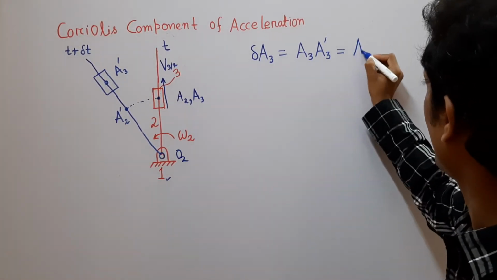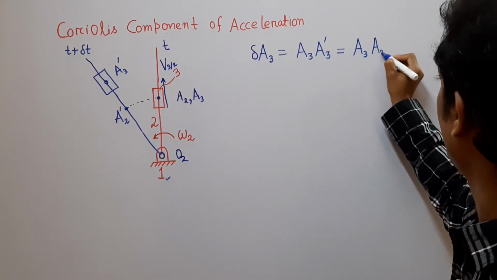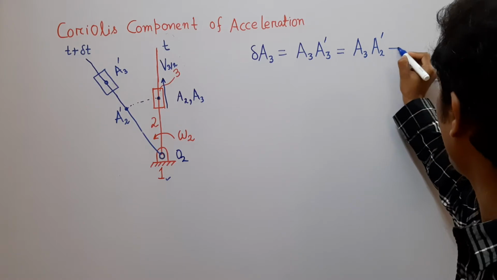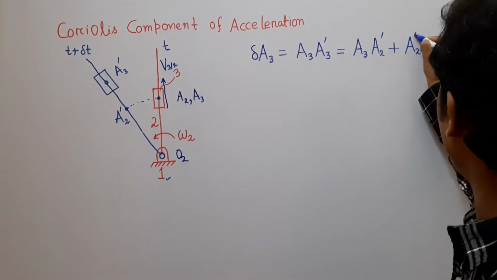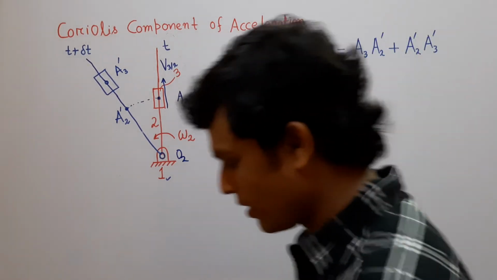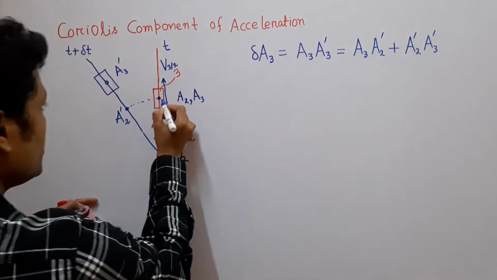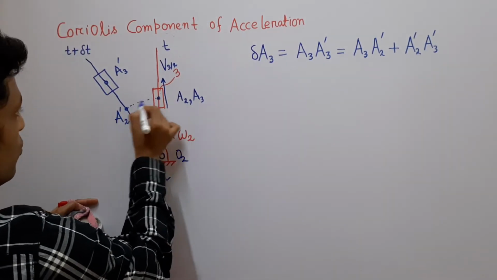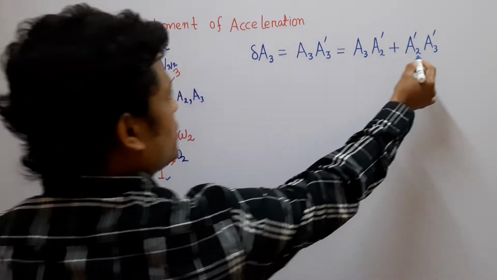That is, A3 to A2 prime plus A2 prime to A3 prime. So this total displacement is A2 to A2 prime, then A2 prime to A3 prime.